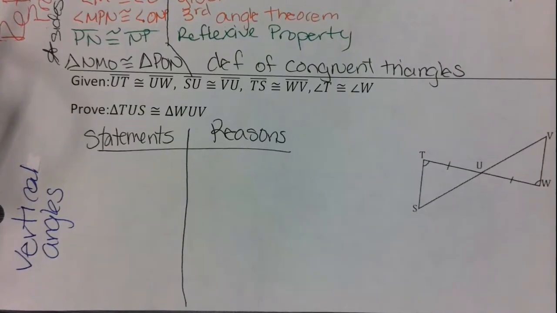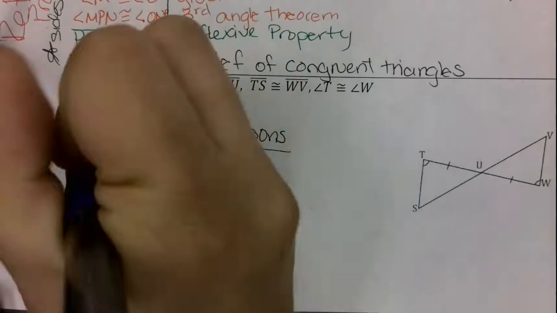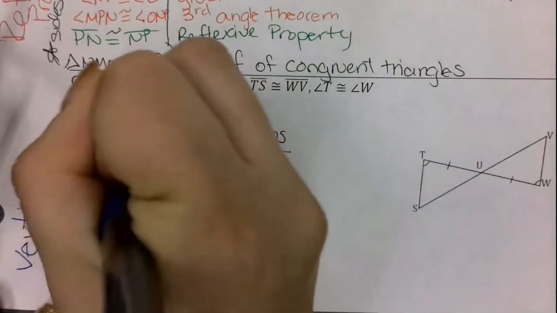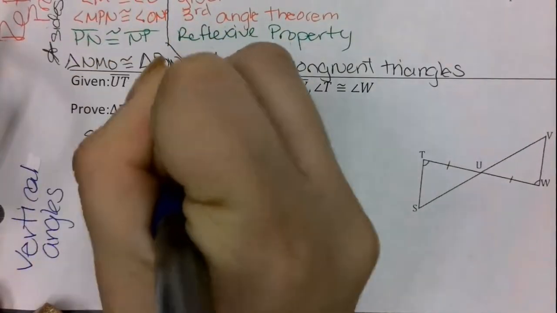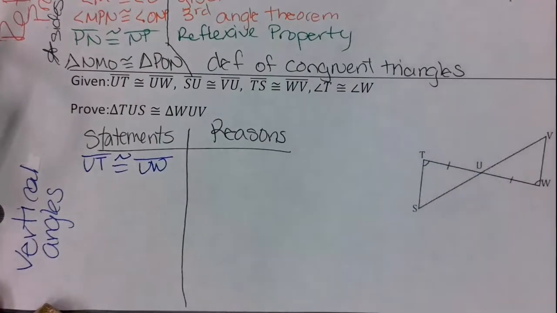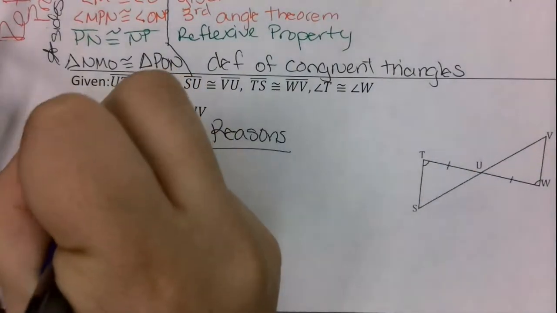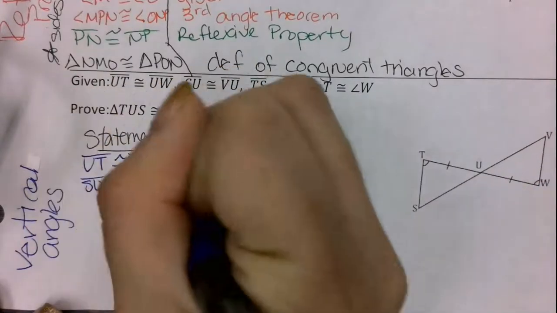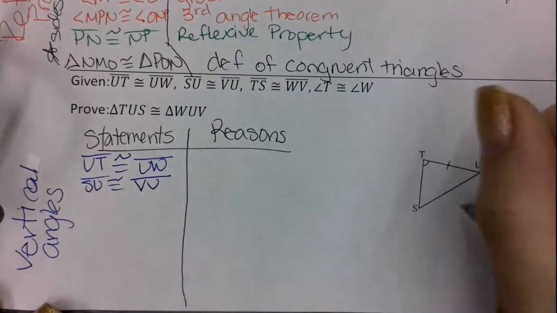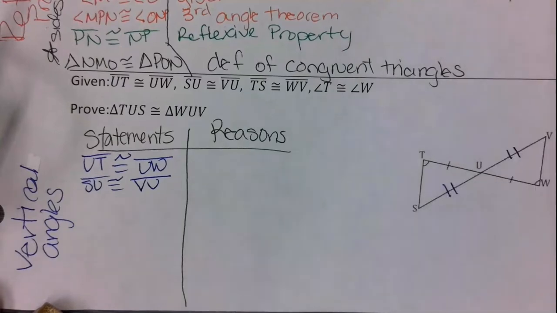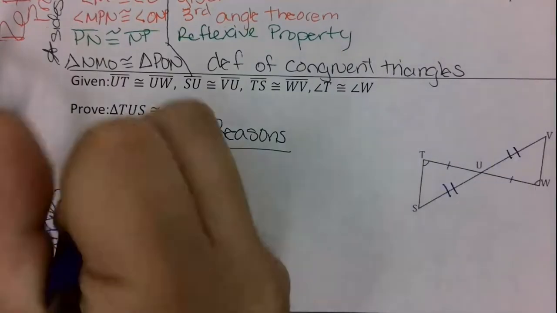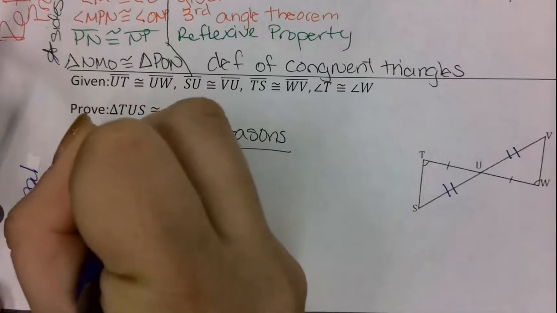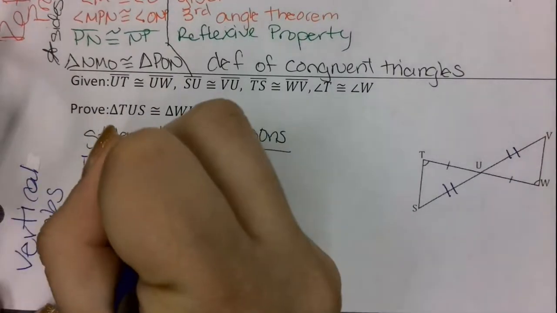Okay, so I'm going to start off with my givens. They gave me UT was congruent to UW. Those ones are already marked for me. I have SU is congruent to VU. Then I have TS is congruent to WV.